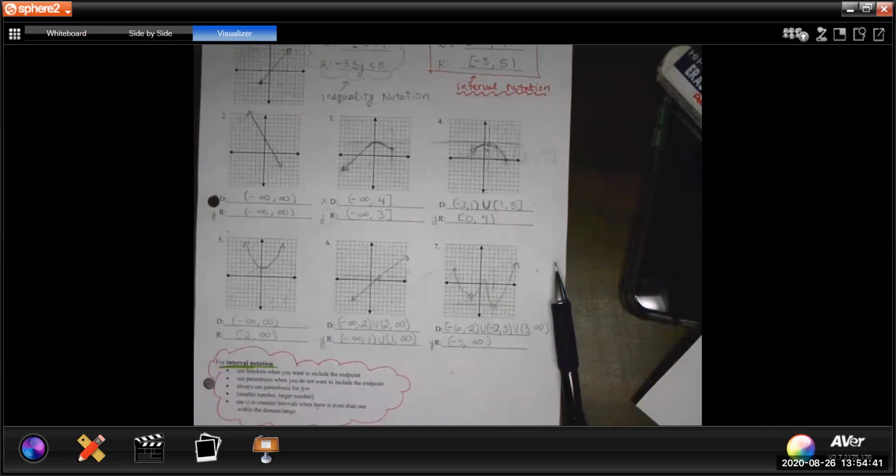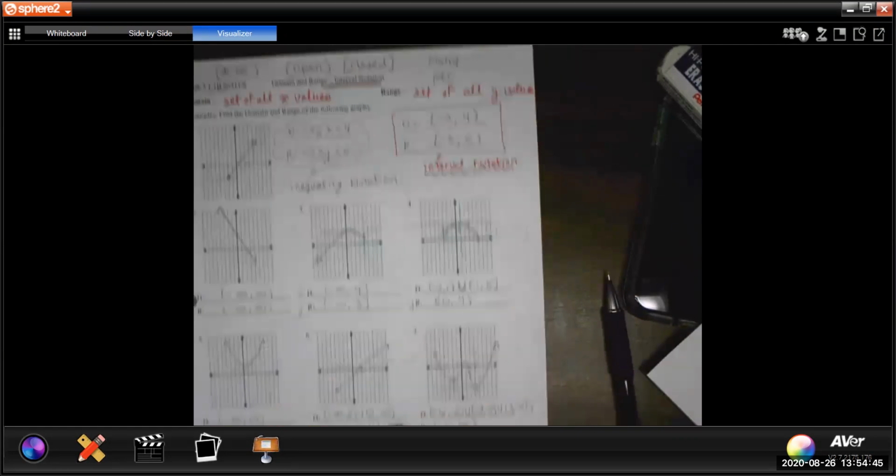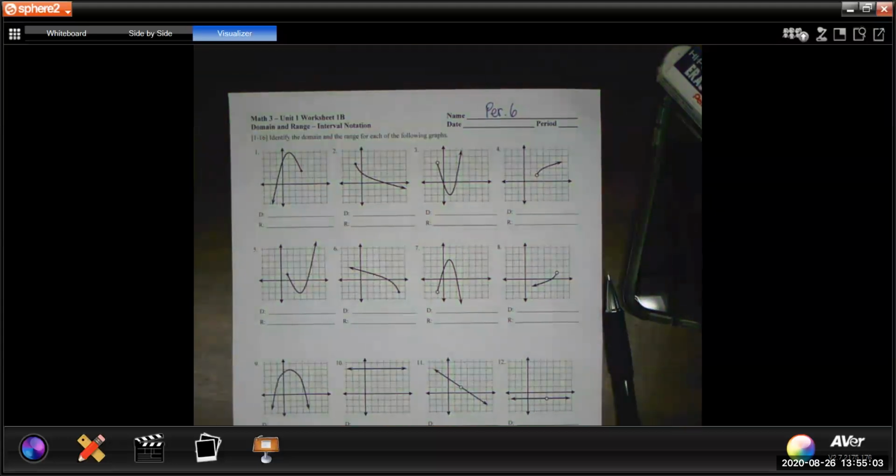Okay, I'm gonna have you guys put this aside and take out your worksheet. You can print it from Google Classroom if you haven't already. Do you have to print it? You do not have to print it. Okay, you can work right on a separate piece of paper.